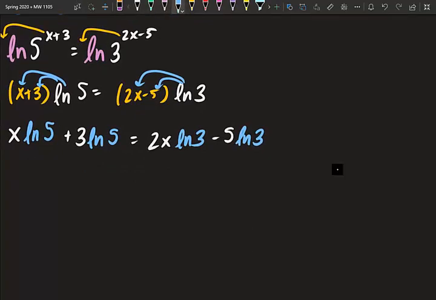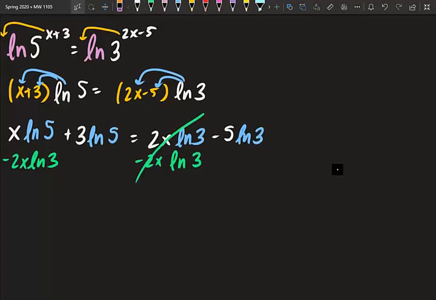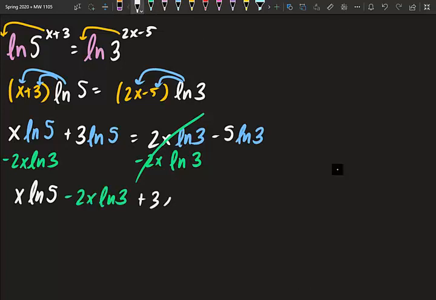Alright, now we're trying to solve for x here. So if we have multiple x's in multiple places, we need to move anything with an x to one side and anything without an x to the other side. So you see here how we have something with an x? I want to move it over. So when we do, we have x ln 5 minus 2x ln 3 plus 3 ln 5, and that equals negative 5 ln 3.